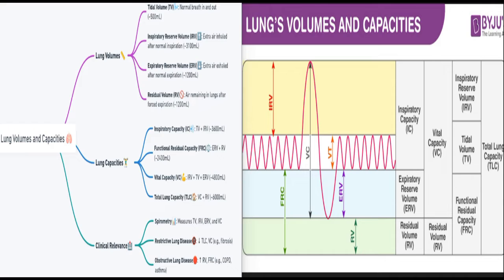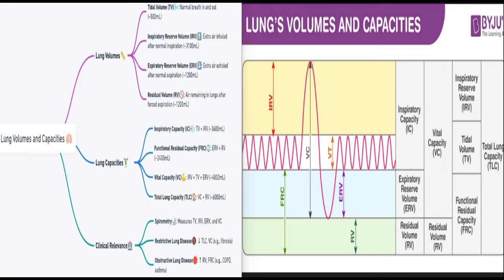So the capacities too. The vital capacity, let's give a typical value of 4700 mLs, is the amount of air that can be exhaled with maximum effort after maximum inspiration.